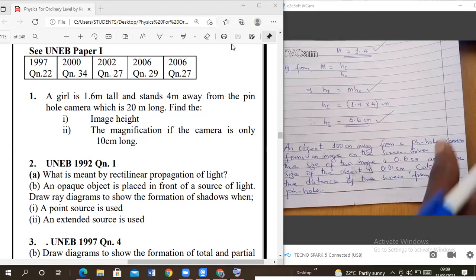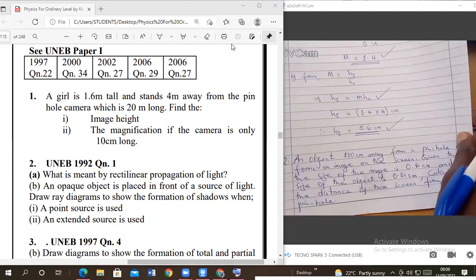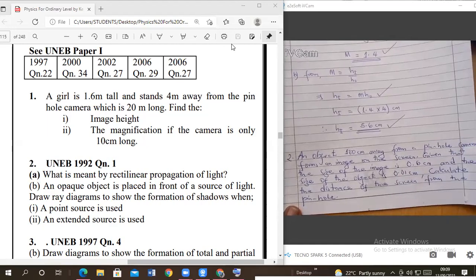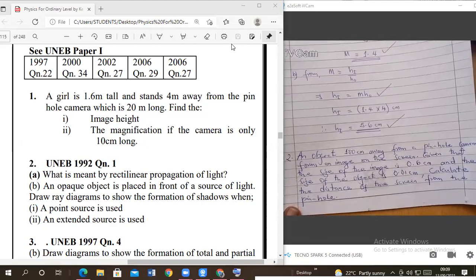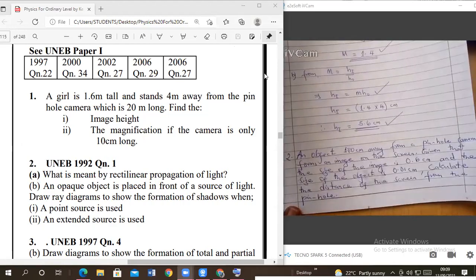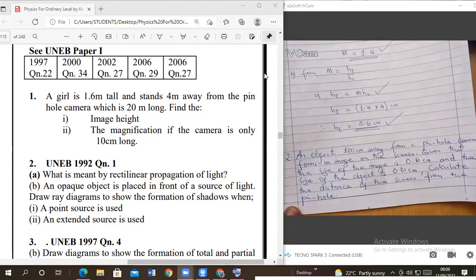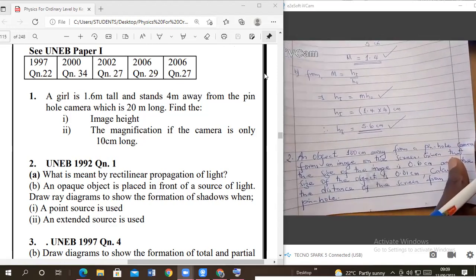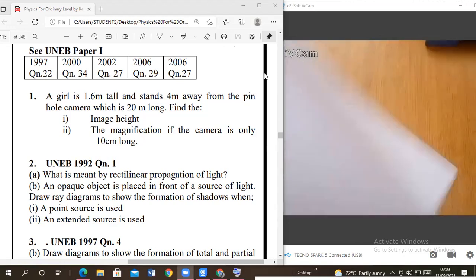Members, are we on that? Members, are we together? Yes. Good. Have you finished? Have you written the question down? Yes. Good. Let's look at the solution.